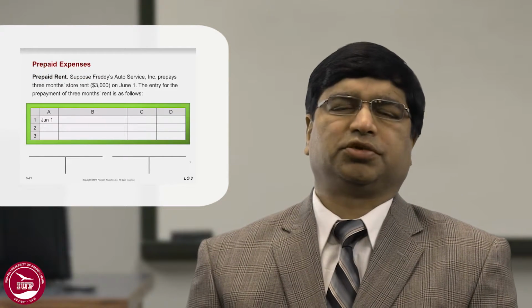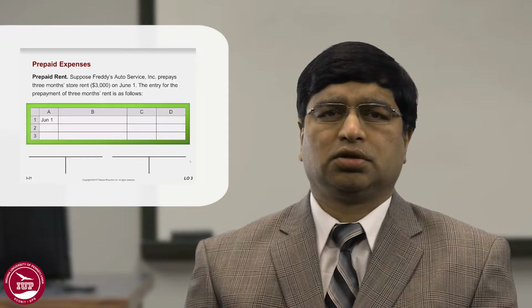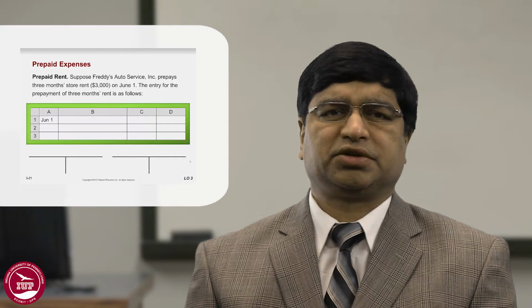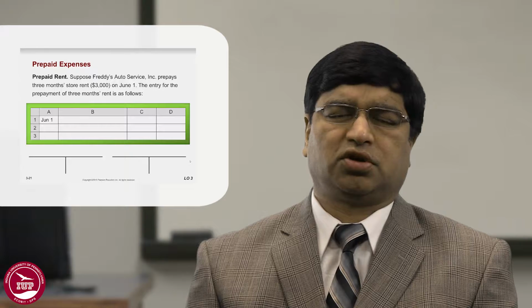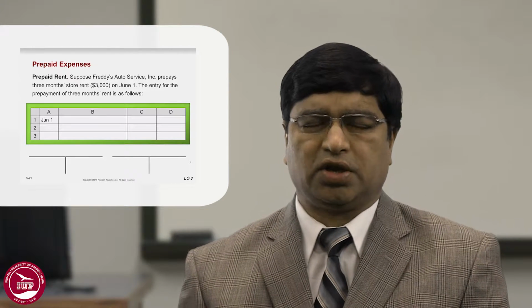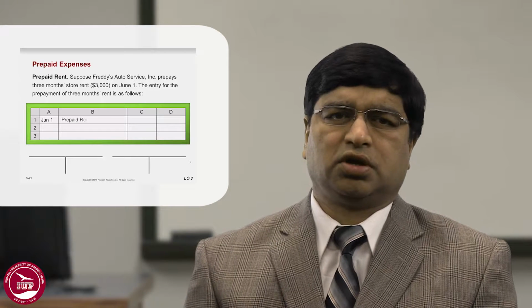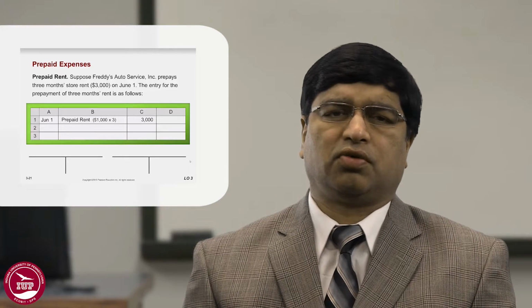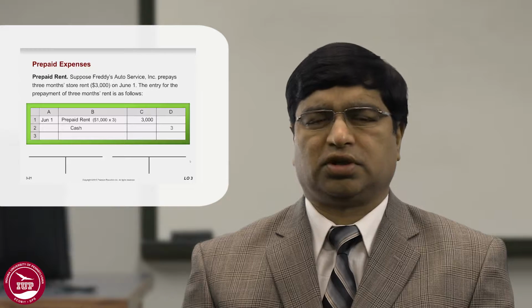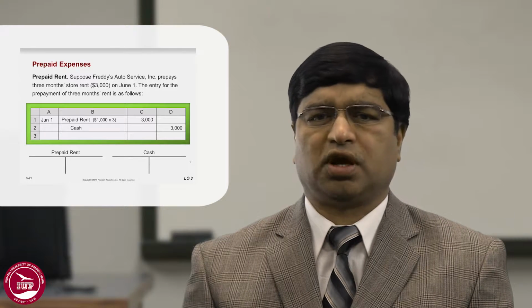So here is an example. Suppose Freddie prepays 3 months store rent, that is $3,000 or $1,000 per month, in advance on June 1st. So it pays $3,000. Two accounts that are involved are prepaid rent for $3,000, and since the cash is going down, it is credited by $3,000.